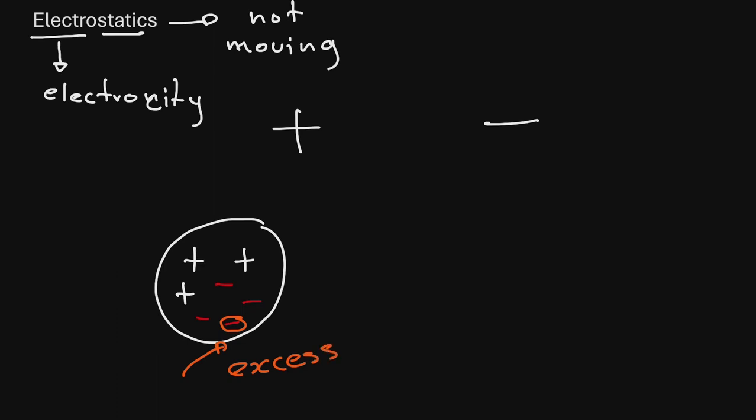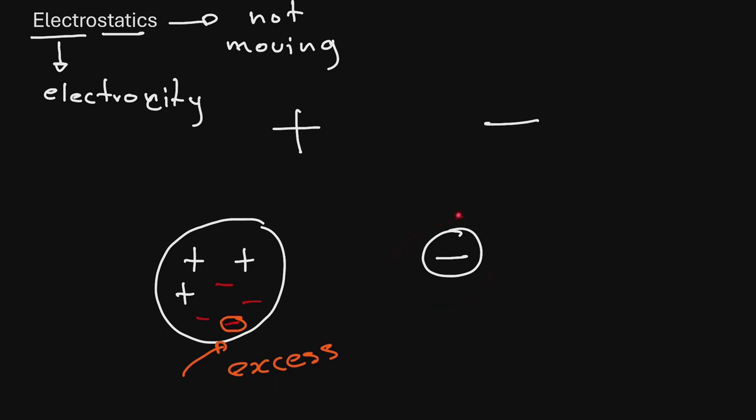And if we have an excess of negative, that is when we have a negative charge. Something that is in excess is the one that shows. If you have a negative charge, this does not mean you only have negative charges. You have negatives and positives, but the charges that are more are negative.